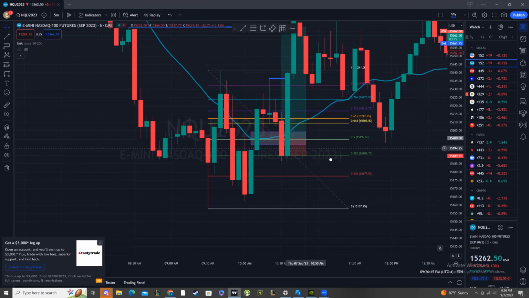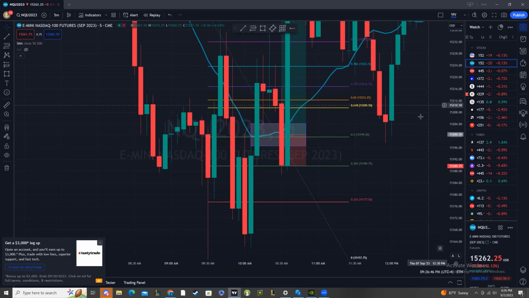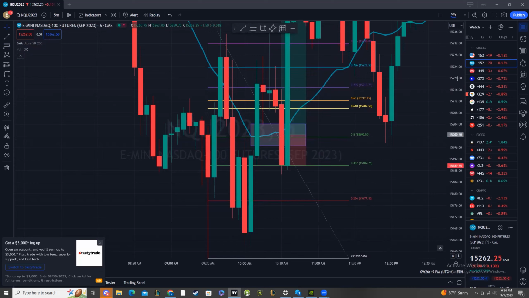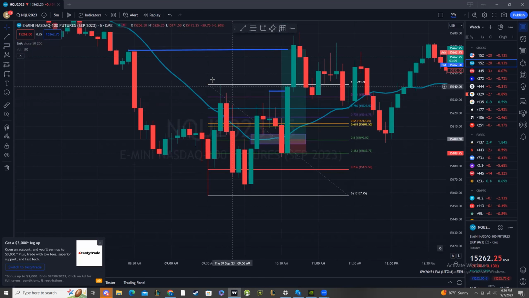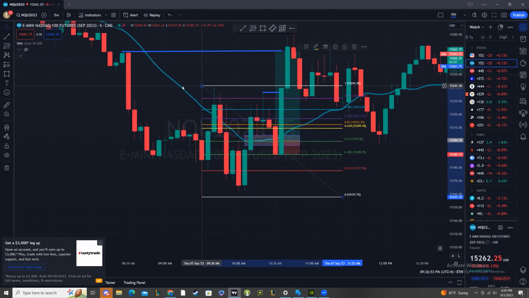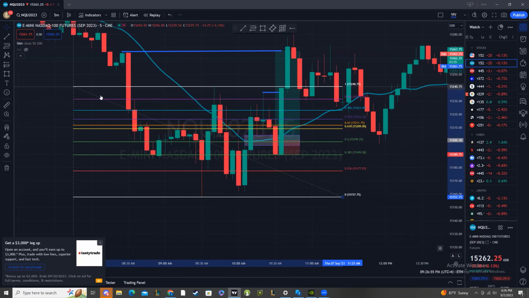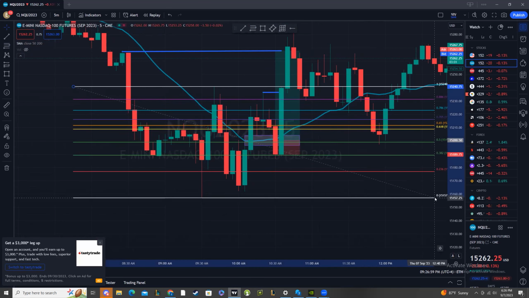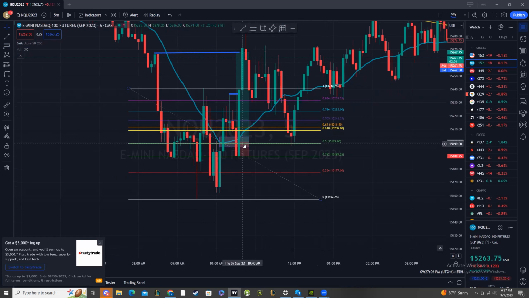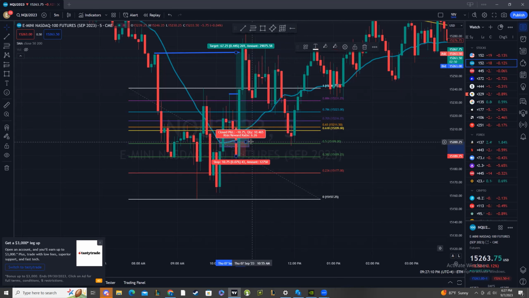Pull it all the way out to the other side. See what I'm looking at? Came back down, grabbed this fair value gap instead. Came down, mean threshold.